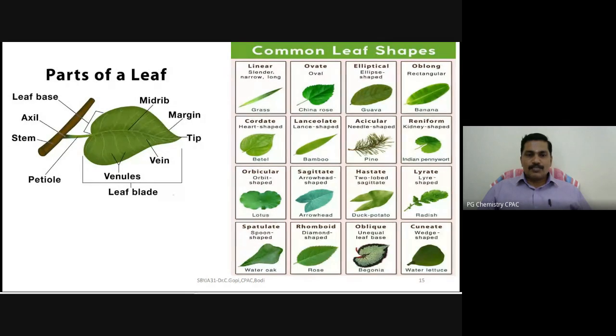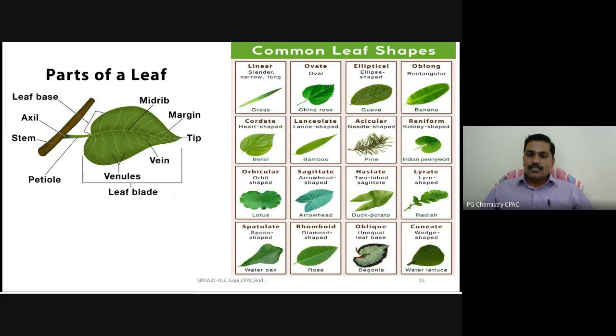the leaf surface is called the leaf blade, and the leaf is fully traveled with veins: the primary veins, secondary veins, tertiary veins, all those things. And these are the common shapes of the leaves: linear, ovate, elliptical, oblong, betel, bamboo, crane.